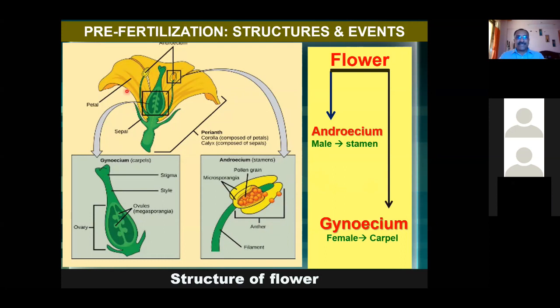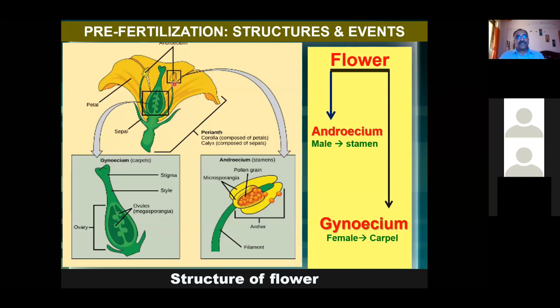So now you see this is a flower. The structure of the flower I already gave a hint. Each flower has a calyx, a corolla, androecium, and gynoecium. Calyx and corolla, we call these non-essential whorls or accessory whorls, because these are not involved in sexual reproduction.